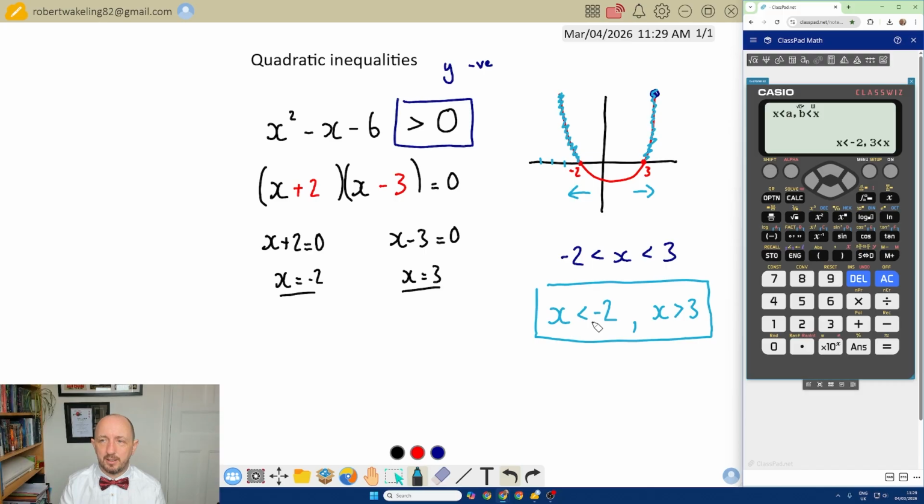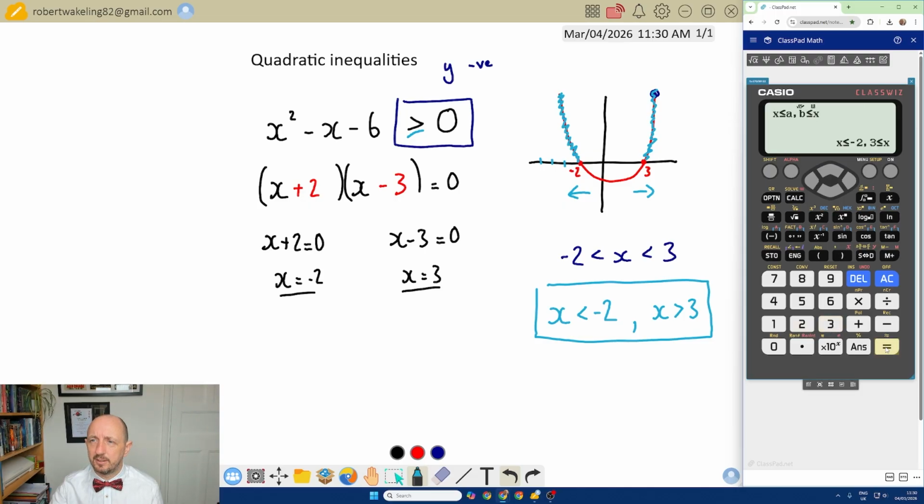X is less than -2. It writes the second one back to front. I don't know why. You could put your answer like that, but I prefer to read this kind of right to left. X greater than 3. I write that like that. You could put either. That wouldn't be a problem. What would that look like if it was that? Well, we can just put number 3.